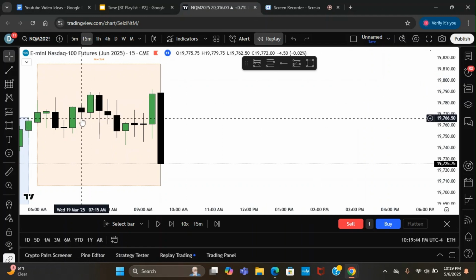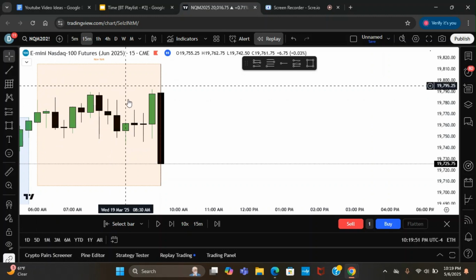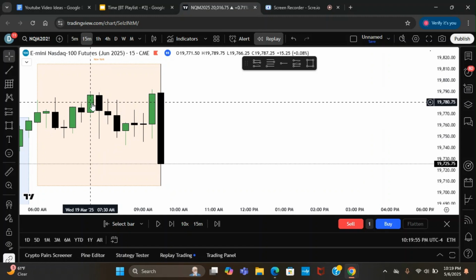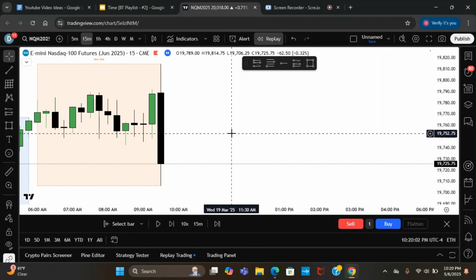If obviously we see Q2 of New York took both sides of Q1 of New York, and then Q3 of New York did the same thing and took both sides of Q2 of New York, we can't use the AMD for New York session anymore. So I hope this clears things up.